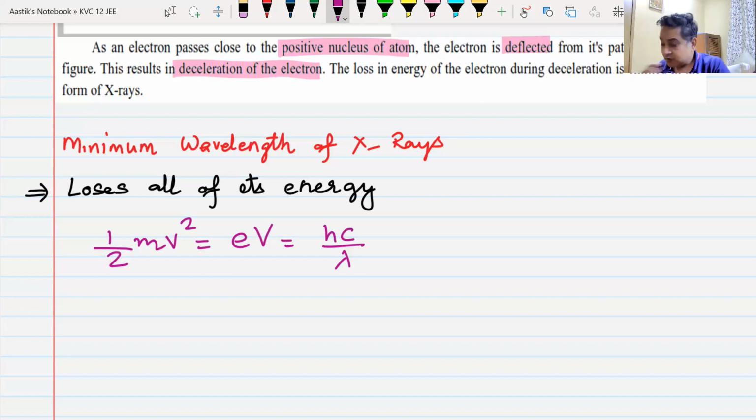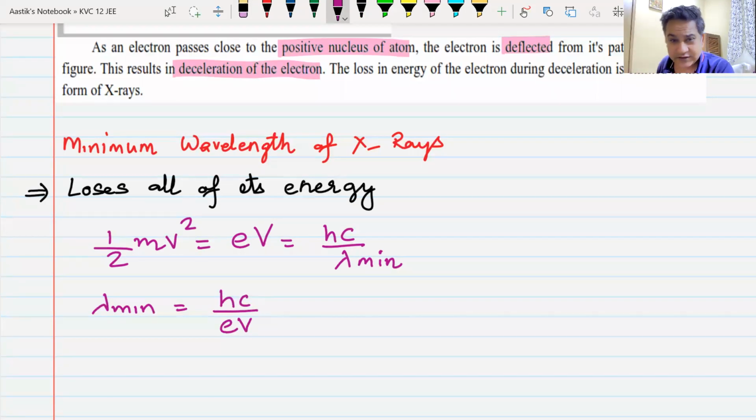This lambda will be the value of lambda min. So from here I can write lambda min as hc by eV.